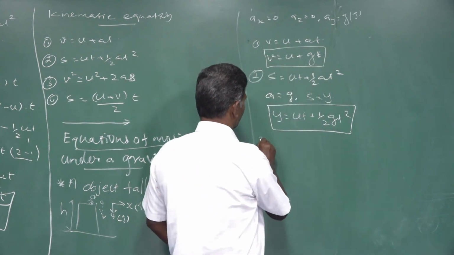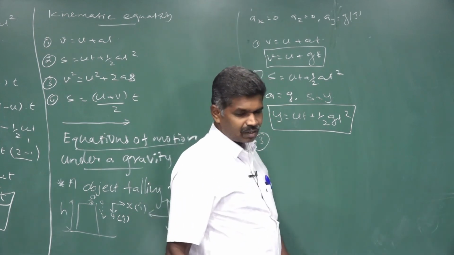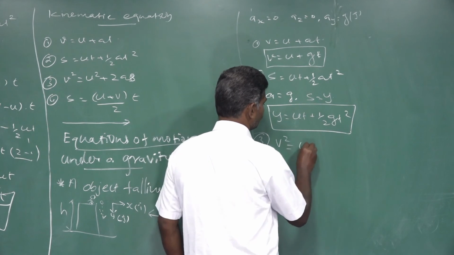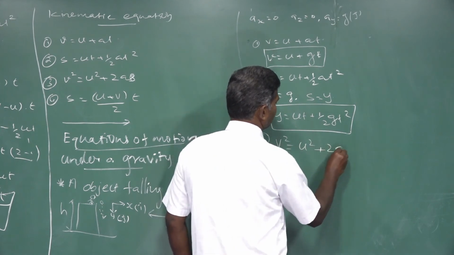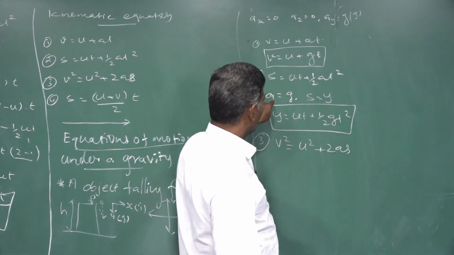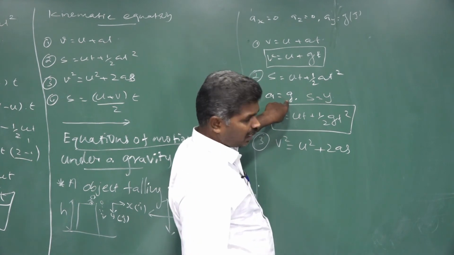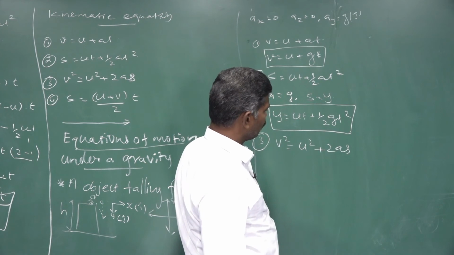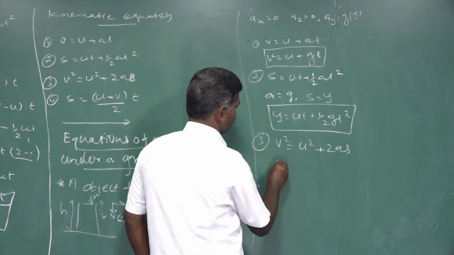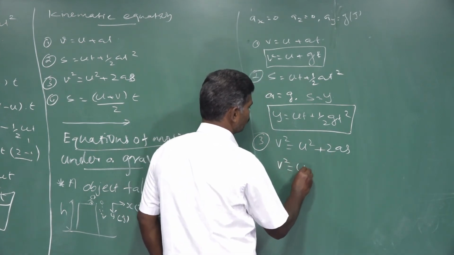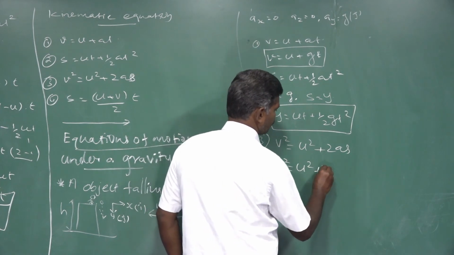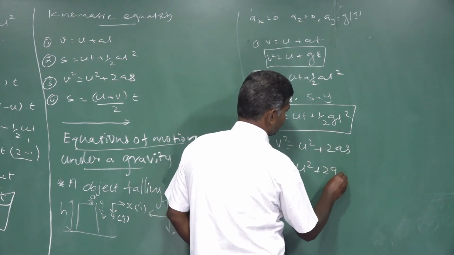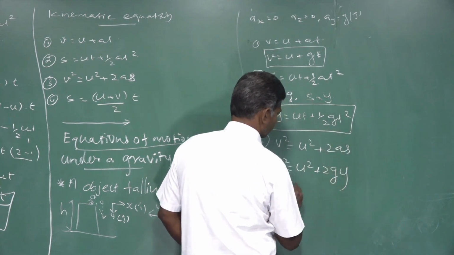Next we are going to tackle the third equation. Generally we have the third equation, v square is equal to u square plus 2as. We know that acceleration is due to gravity. Displacement is taken as s is equal to y. If you substitute, we will get v square is equal to u square plus 2, instead of a, g, instead of s, y.